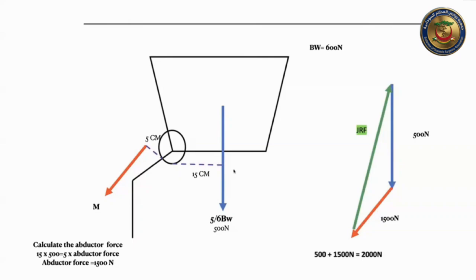When we divide 15 over 5, it equals 3. 3 multiplied by 500 equals 1500 Newtons. This is the abductor force. So now we have an abductor force of 1500 Newton and a body weight of 500 Newton. Simply, the joint reaction force is the summation of both vectors, which is almost 2000 Newton.